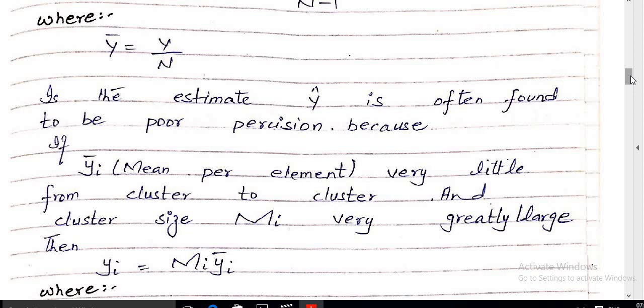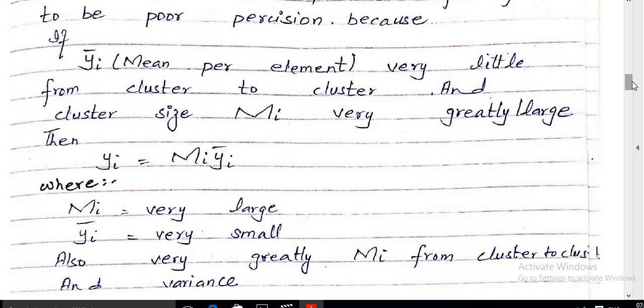The estimate y hat is often found to be of poor precision because yi bar, the mean per element, varies very little from cluster to cluster. It means the number of units in each cluster will vary from cluster to cluster, and if the cluster size mi is very large, then y is equal to mi yi bar, where mi is very large and yi is very small.